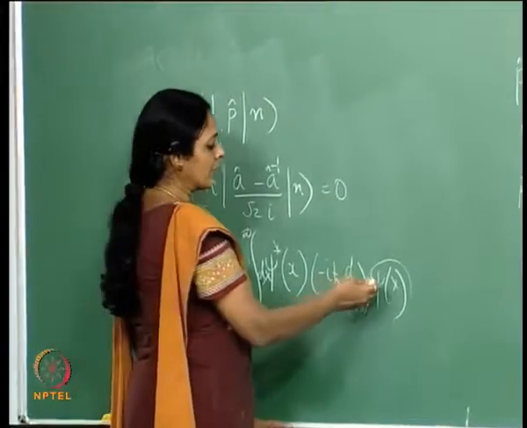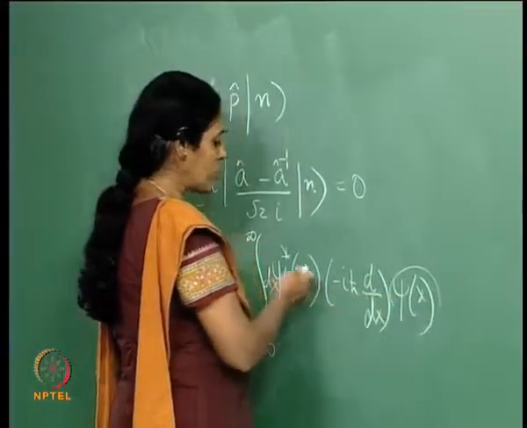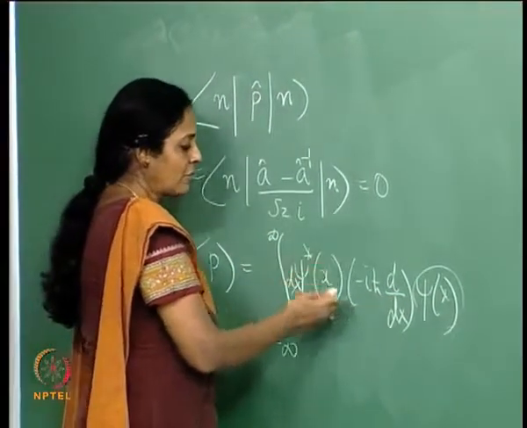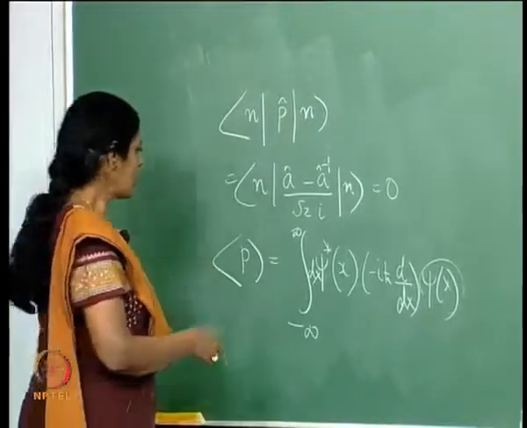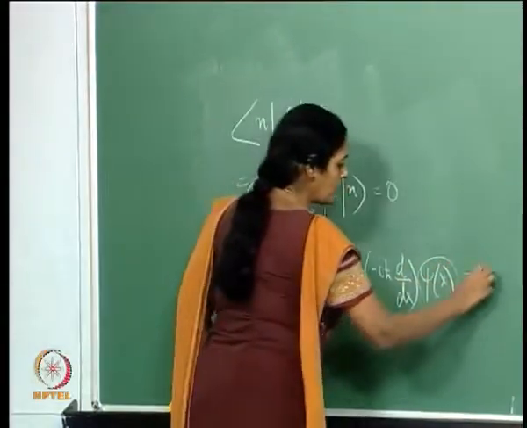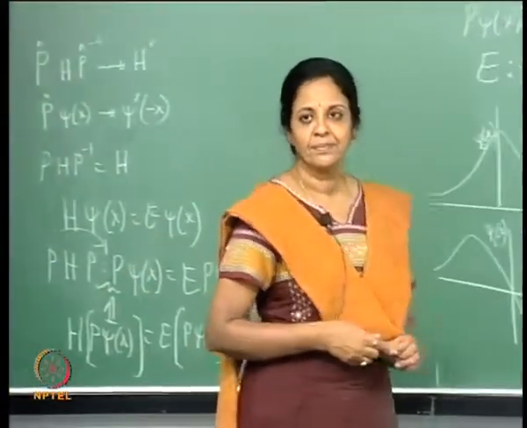On the other hand, if psi of x is an odd function of x, d by dx psi of x is an even function of x. This is an odd function, that's an even function, and the answer follows. So the expectation value of P is also 0 in all the states of the harmonic oscillator.